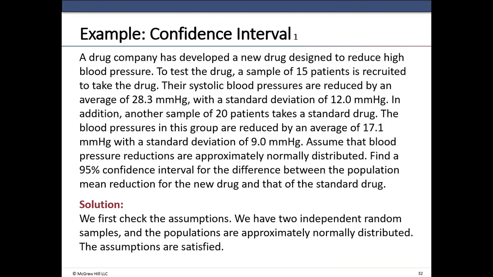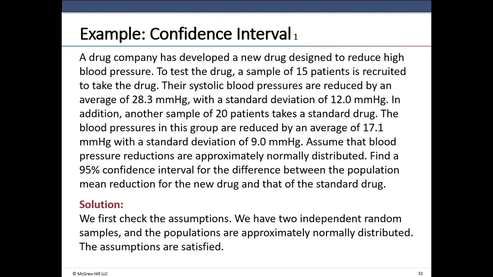Find a 95% confidence interval for the difference between the population mean reduction for the new drug and that of the standard drug. So they want us to find a 95% confidence interval for the difference in the population means mu1 minus mu2, where 1 is the group of patients taking the new medicine and 2 is the group taking the standard drug.